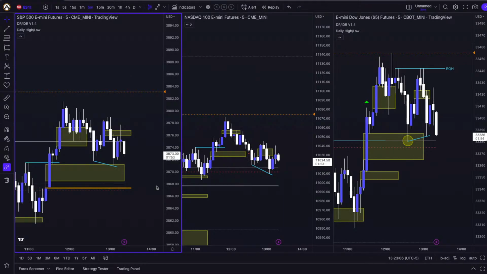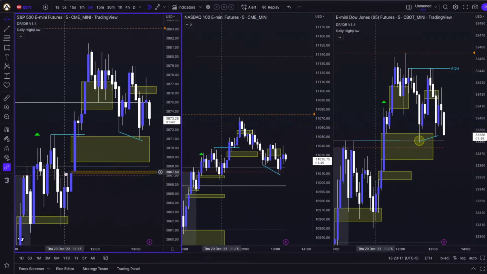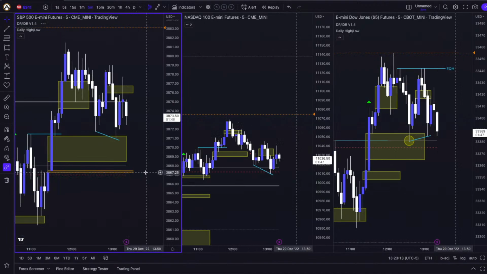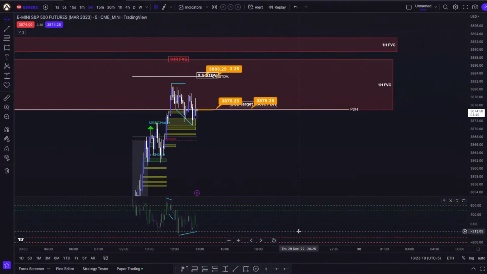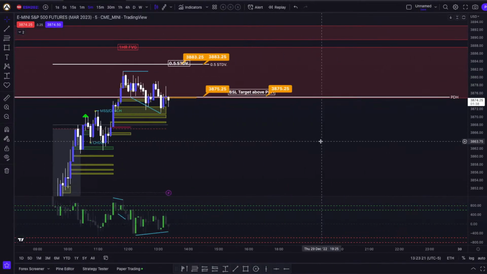Otherwise, make sure you have this 5-minute volume imbalance on the SP 500 on your chart. Set your alerts, and also check the tick grid to see if more divergences are coming up.